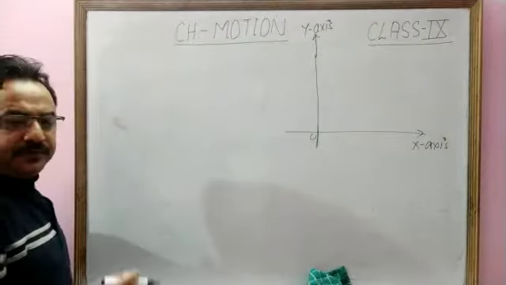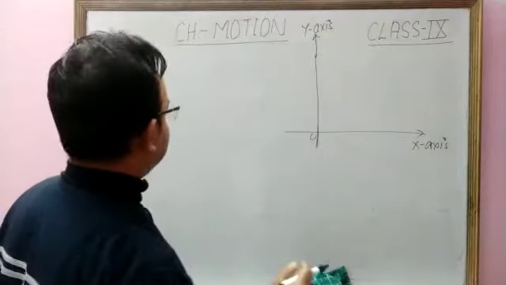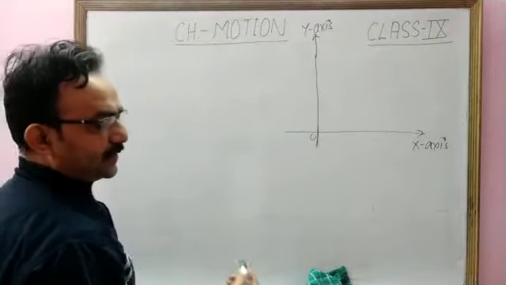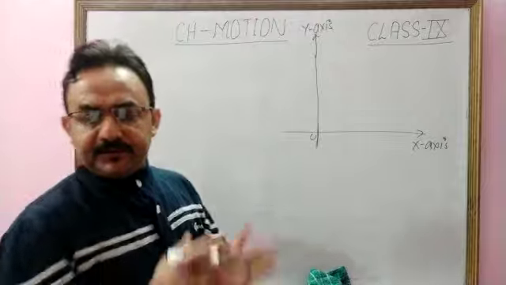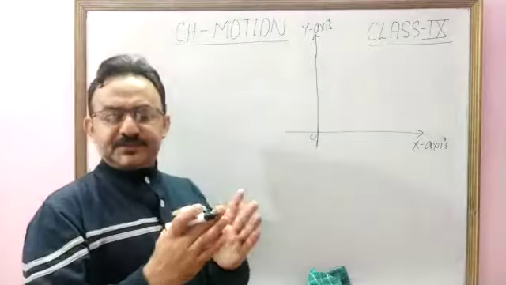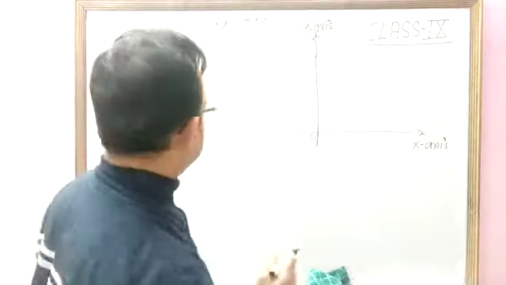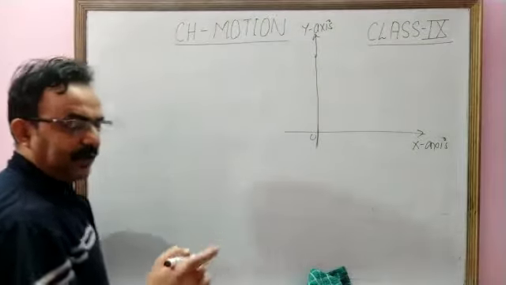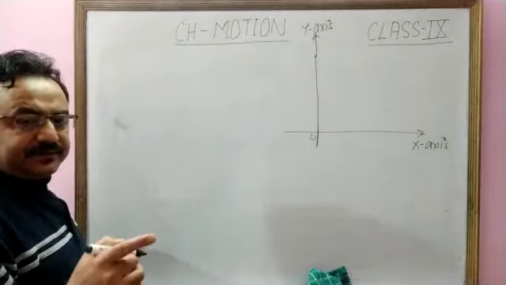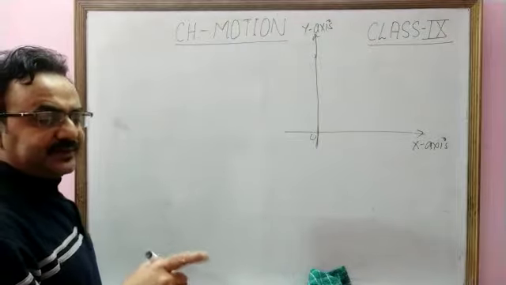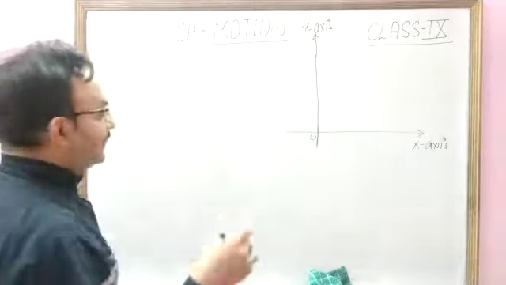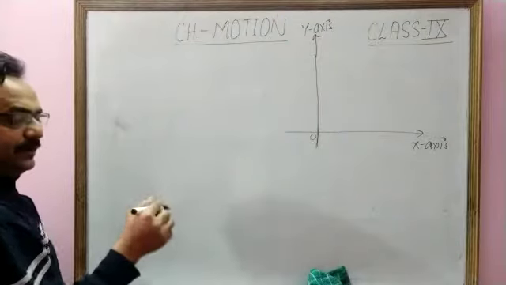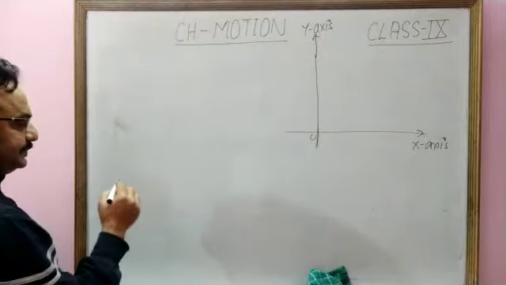The second thing which you have to keep in mind, suppose that we have to draw a graph of distance versus time. Then we have to find out, of distance and time, which one is the independent variable and which one is the dependent variable.